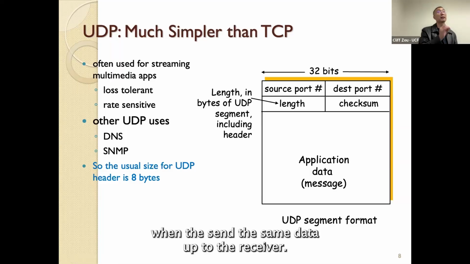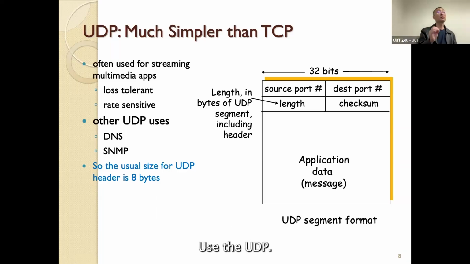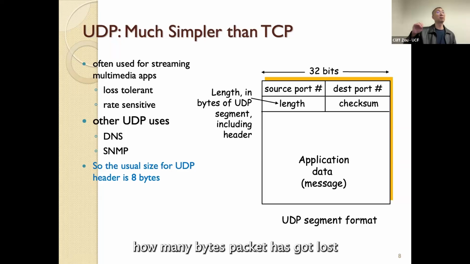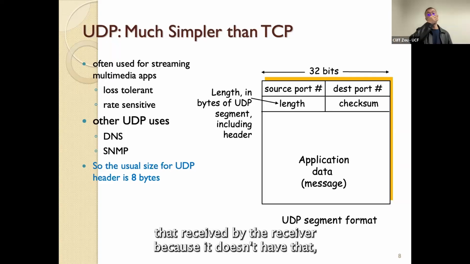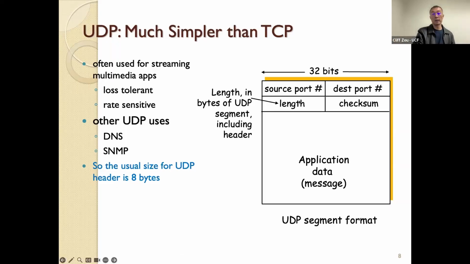When the sender sends data out to the receiver using UDP, you do not know how many packets have been lost, or how many packets received by the receiver have bit errors, because it doesn't have that verification mechanism.